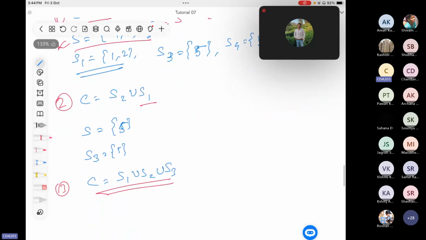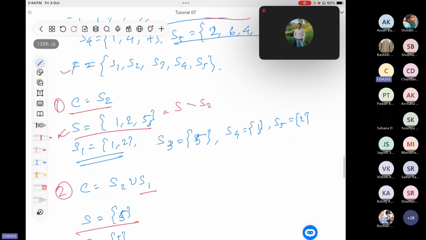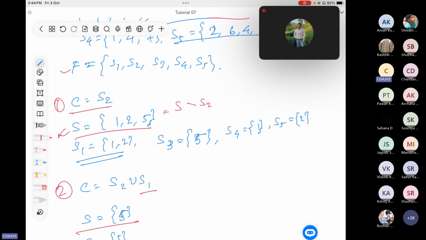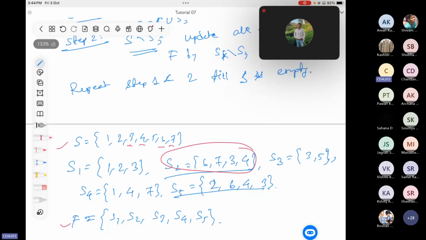So that's why this S is 5. Again, it's depending on my choice. Whatever you choose using greedy, 5 will always come. In the end, the sets are something like that.